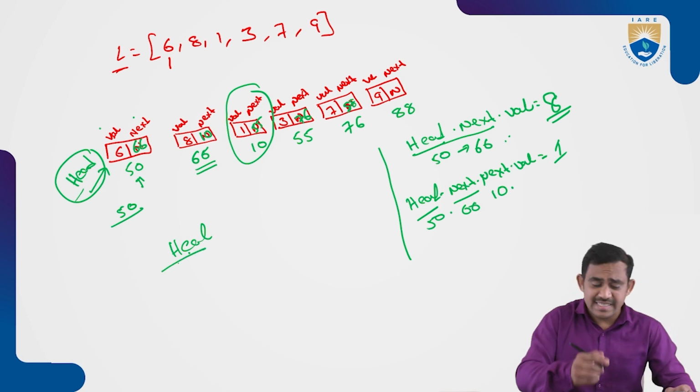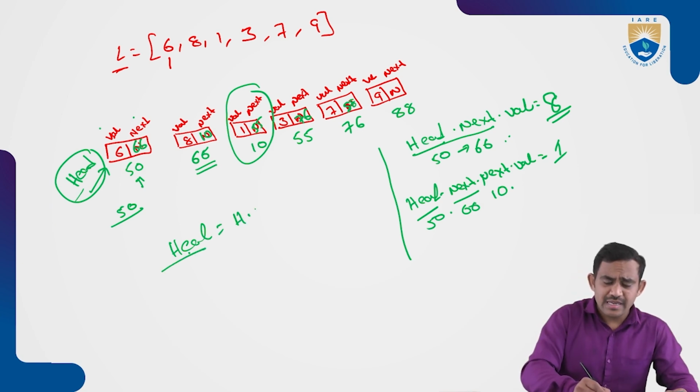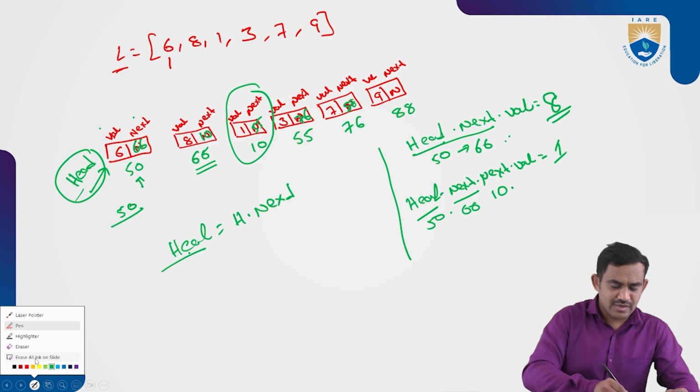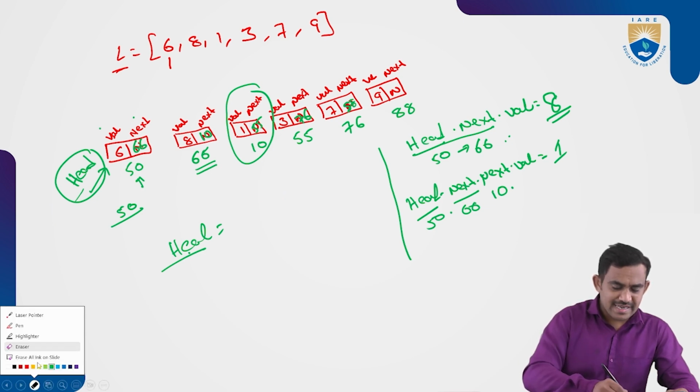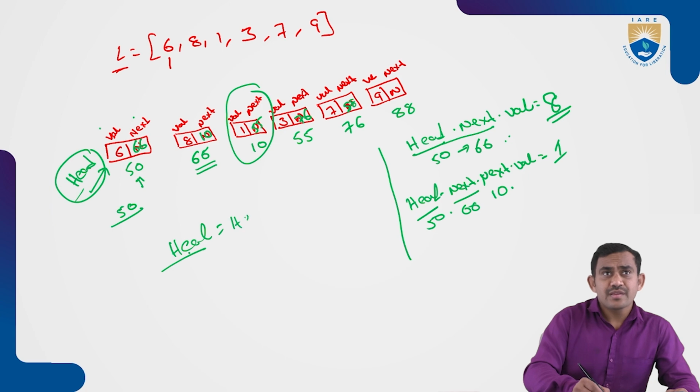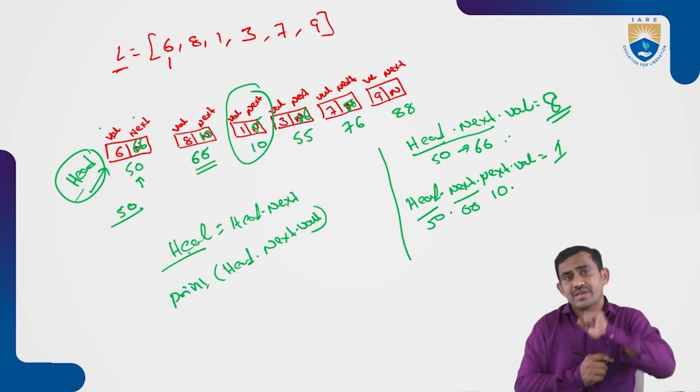Now I want to change my head: head equal to head dot next. I want to write it clearly. Once again, I want to change my head: head equal to head dot next. This is my head now. Now I want to print my head dot next dot value.